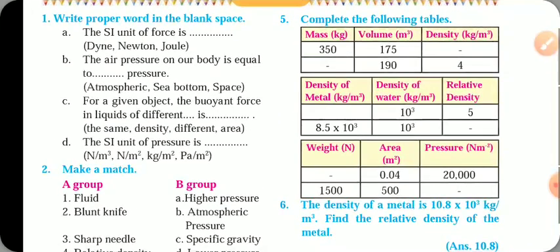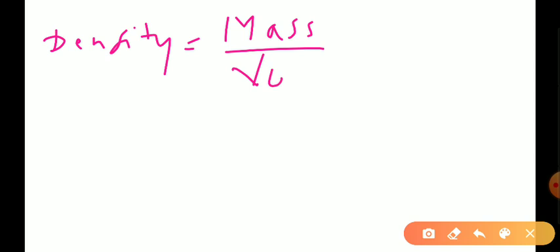Let's see the second part of this. In the second part, they have given us volume and density. So we will calculate it again. Formula is density is equal to mass upon volume.